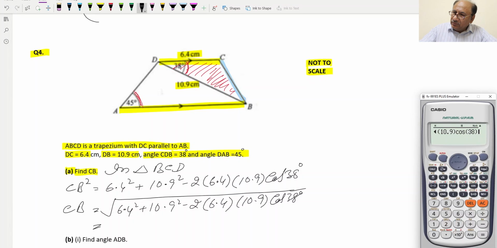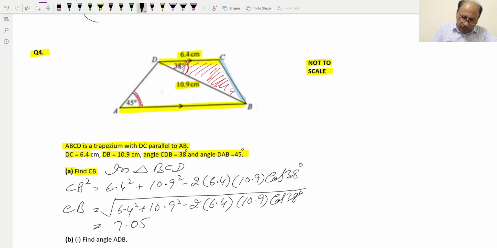We missed a decimal, so we can add the decimal over here, and this will be equal to 7.0588. Approximately we can give the answer as 7.06, and this is in centimeters because all the rest of the measurements are also in centimeters. So this is our answer.